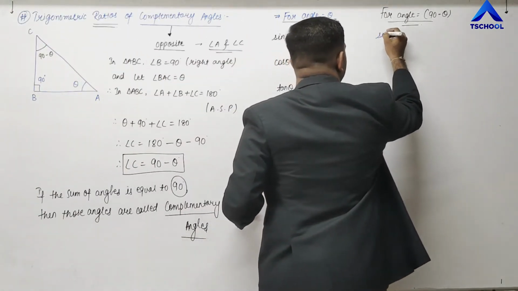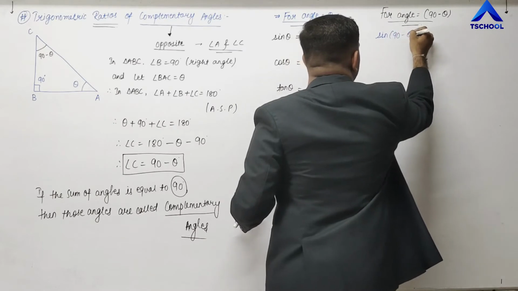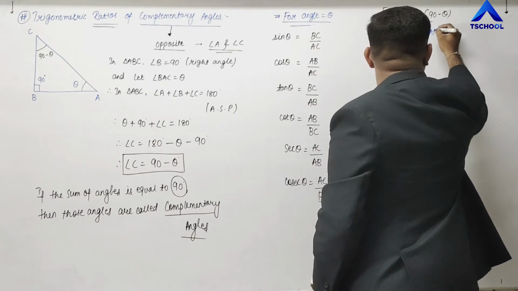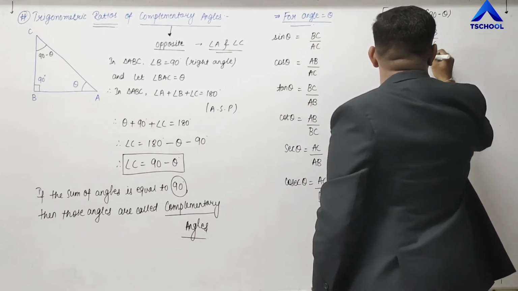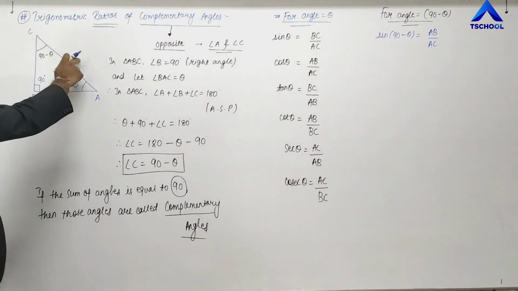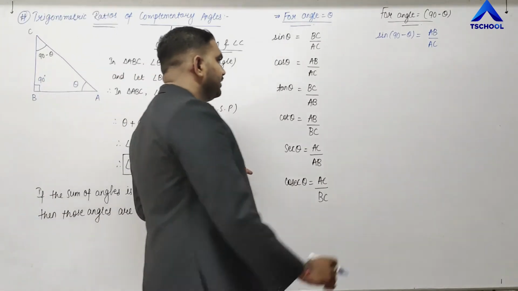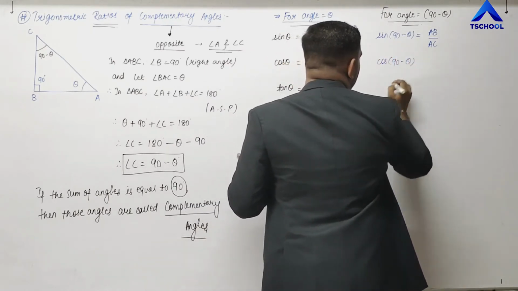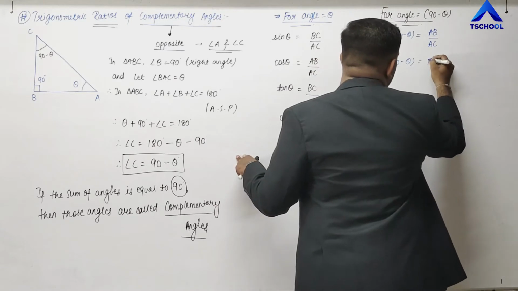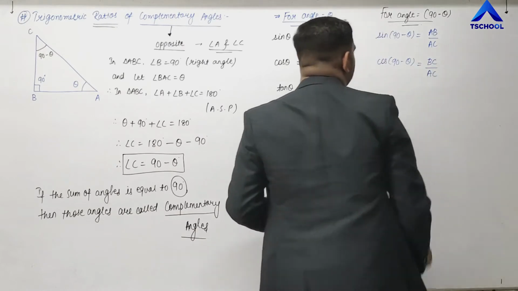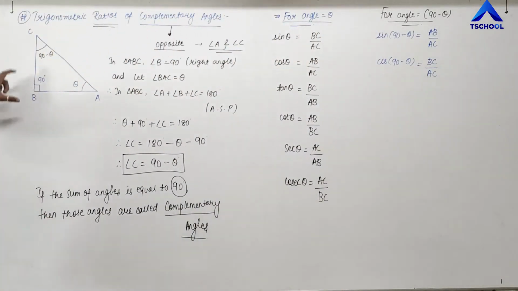Sine 90 minus theta, that is AB upon AC, side opposite to 90 minus theta divided by hypotenuse, right? The second ratio, cos 90 minus theta, that is equal to side adjacent to 90 minus theta divided by hypotenuse.